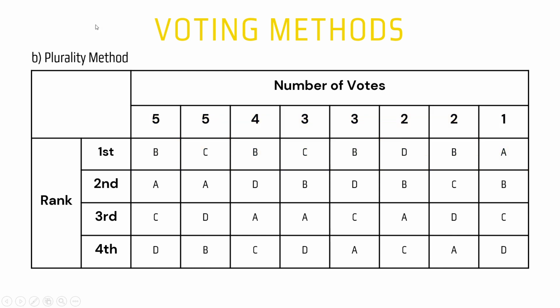Next, by plurality method. The plurality method is almost the same as the majority method. However, we do not need to have a majority amount of votes. As long as that candidate has the most votes, that candidate is the winner via plurality method.